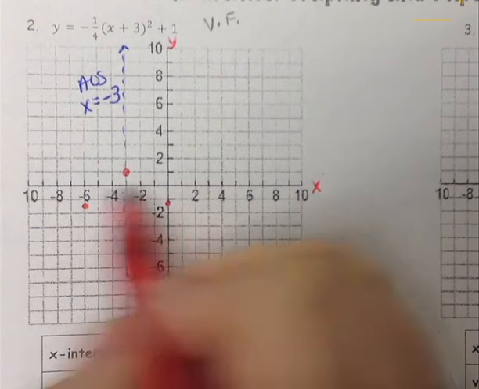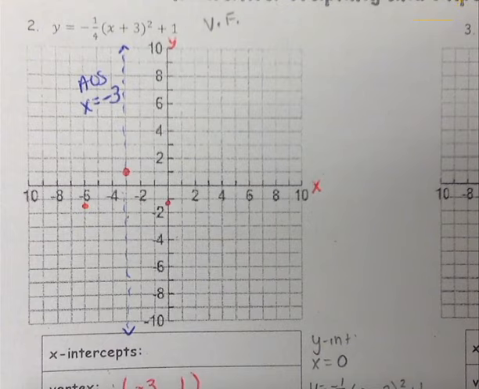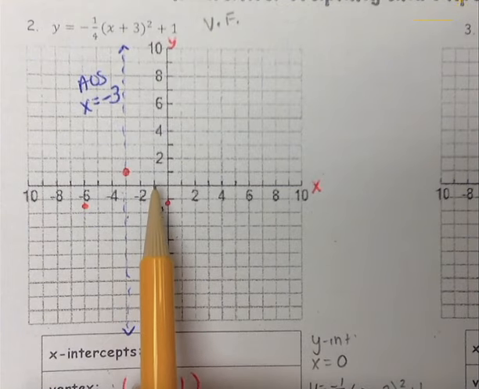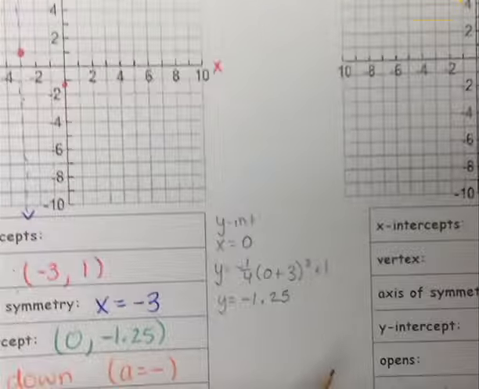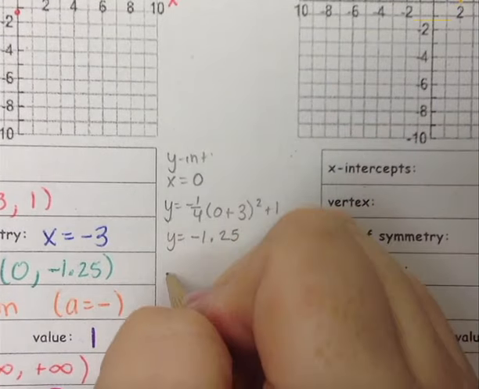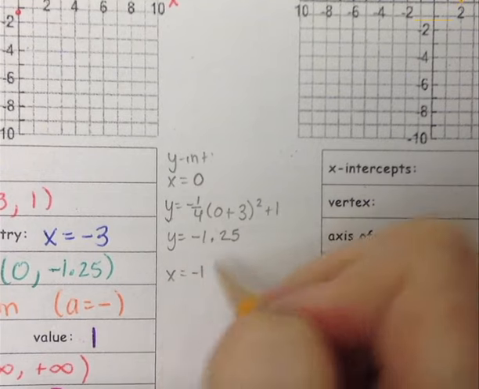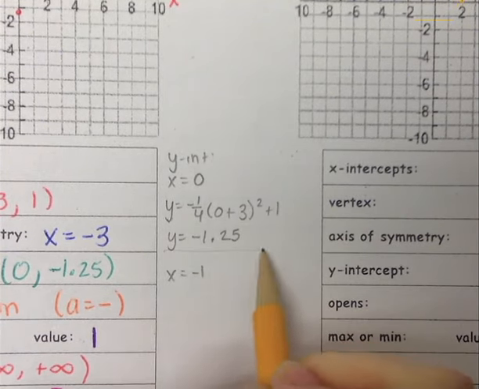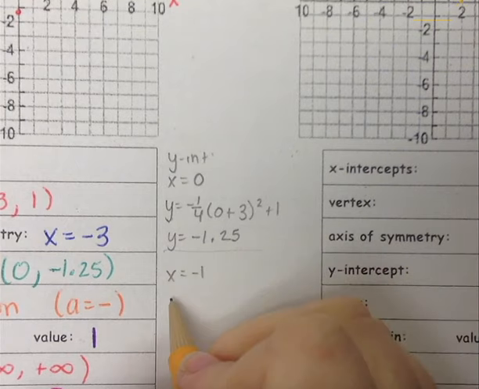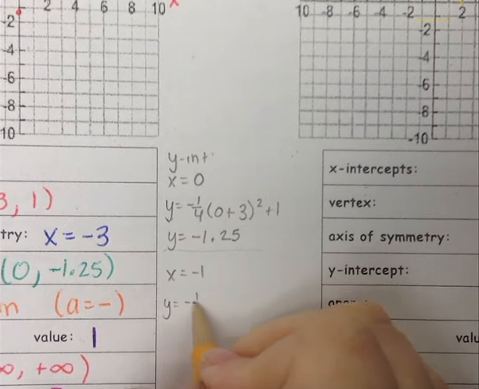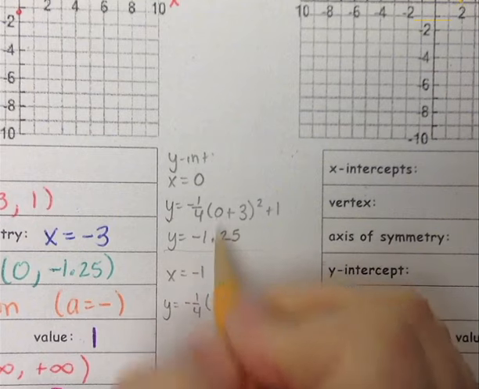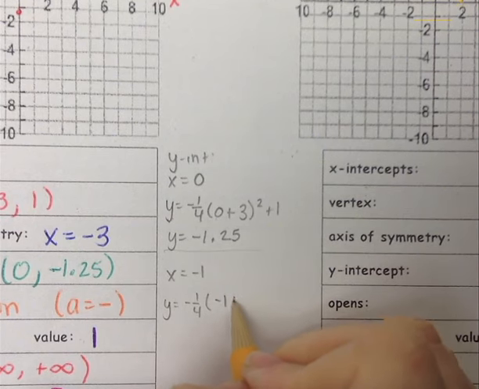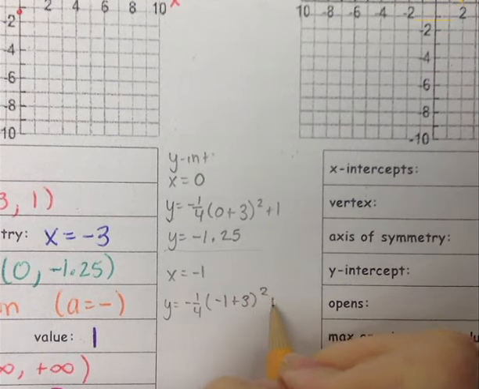So I'm actually going to try, again by hand, to find my x-intercepts. I'm going to use negative 1 first. So I'm going to go down here and type in x equals negative 1, just like I did for the x equals 0. So I'm going to have y equals negative 1/4, parentheses, instead of the 0, I'm going to put in that negative 1 plus 3, parentheses squared, plus 1.